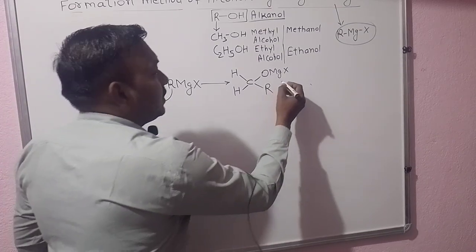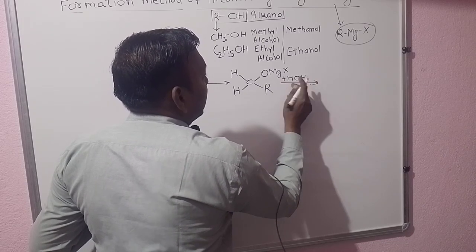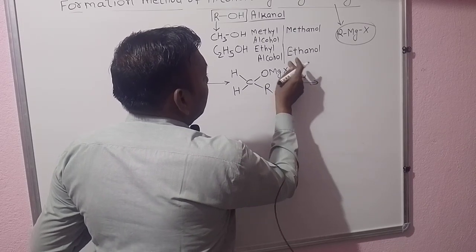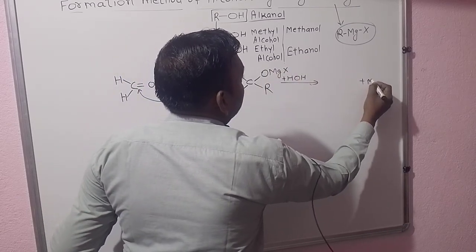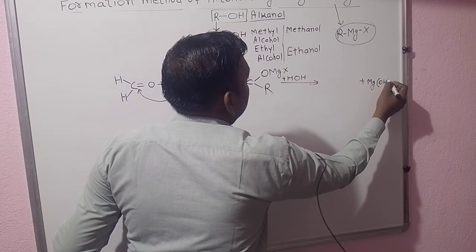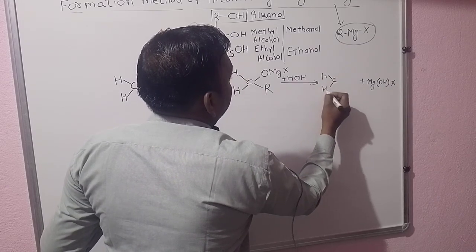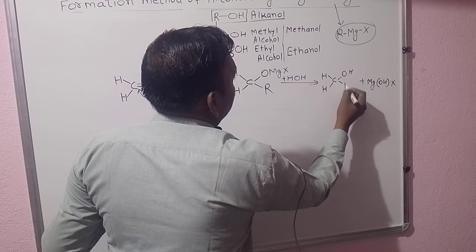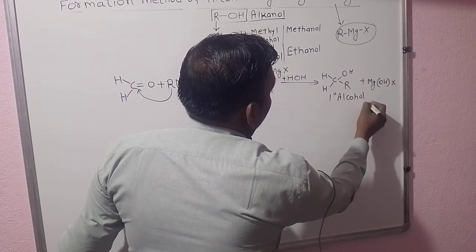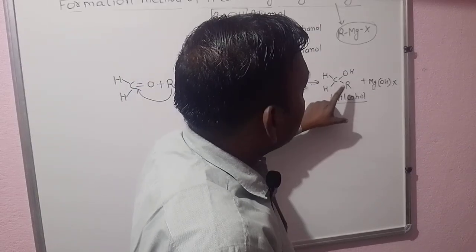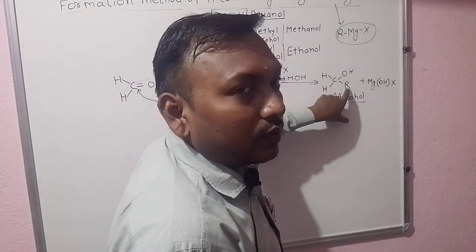Now on hydrolysis with HOH, H comes here and MgX reacts with OH, finally forming MgOHX and HCHOHR. This is your 1 degree alcohol. How can you say it is 1 degree? Because the carbon is joined with only one carbon.